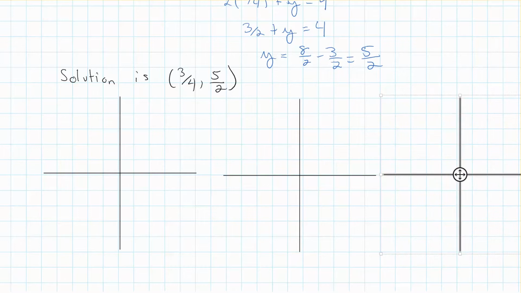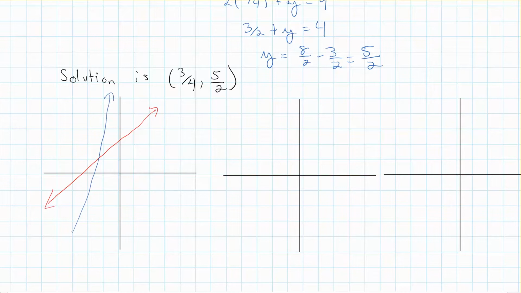Alright, so we know that these equations we're looking at are straight lines. So a very common one to think about is, you have a straight line here, and then draw another straight line that has a different slope. Maybe it has positive slope as well, but let's say it looks like this.